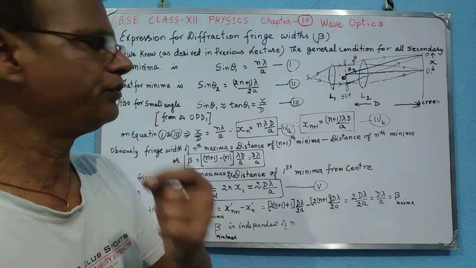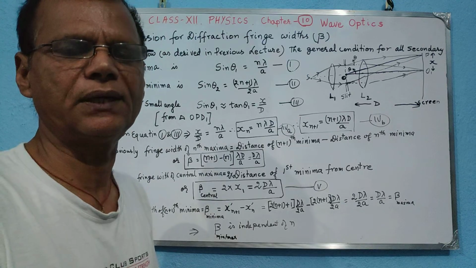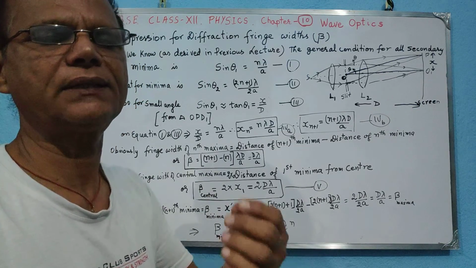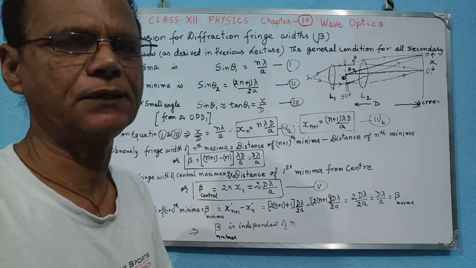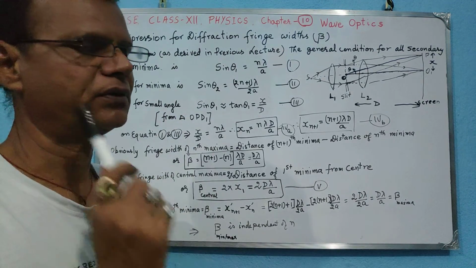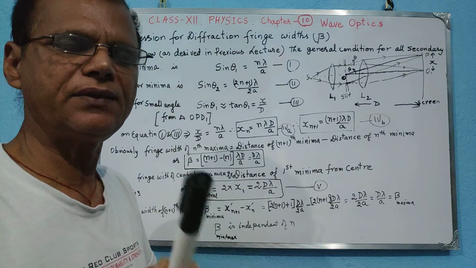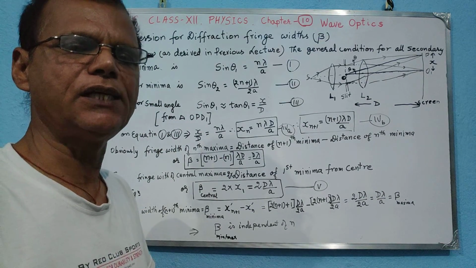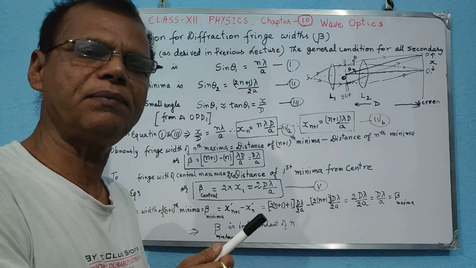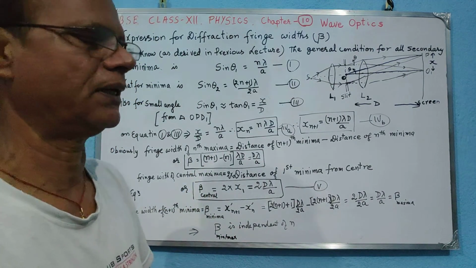So if we want to find the fringe width of the nth maxima, say for example the first maxima, that means n equal to 1, what we need to do is find the difference between the distance of the second minima and the distance of the first minima.